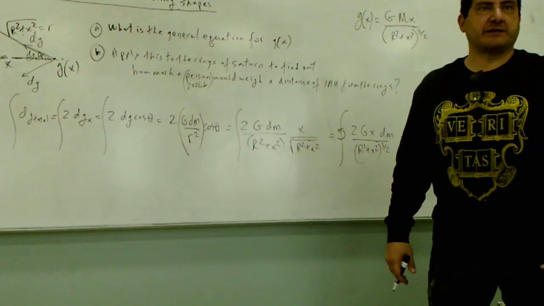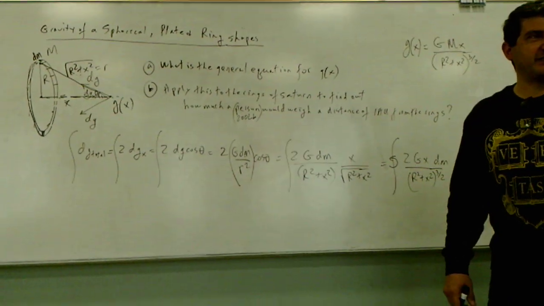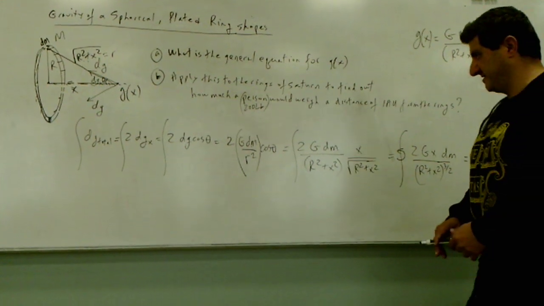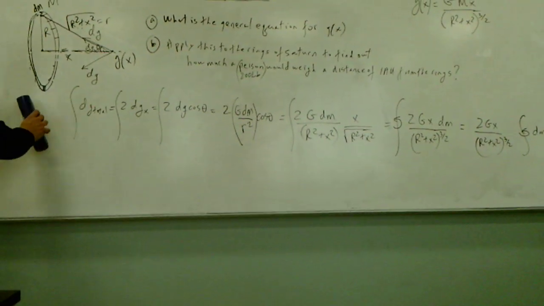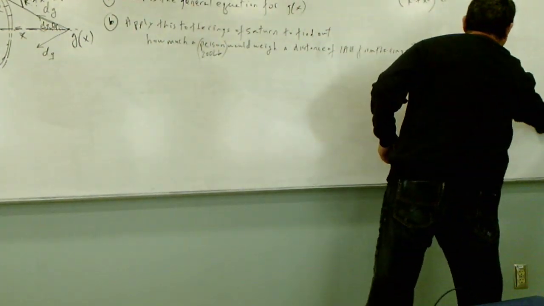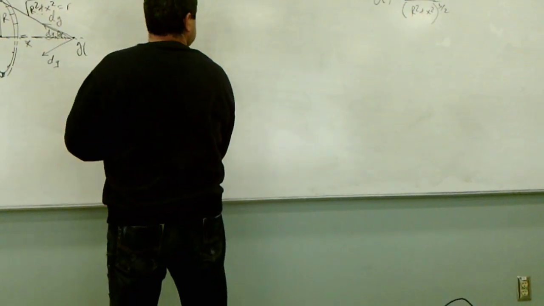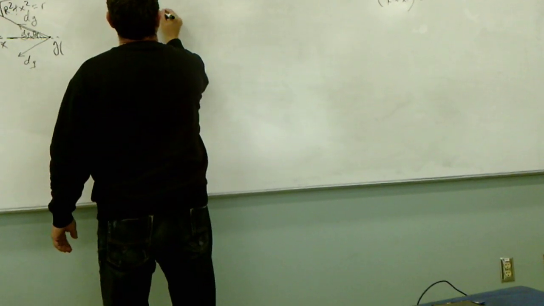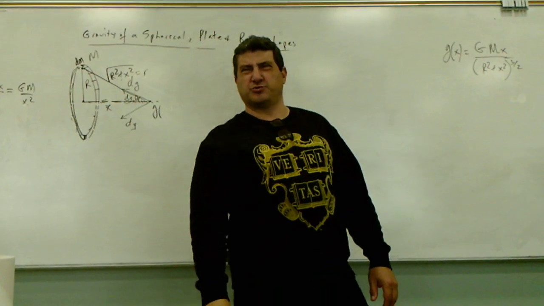Well, how do we do that from calculus? Find out the derivative of g with respect to x, right? How do we get that? Quotient rule we have to use.